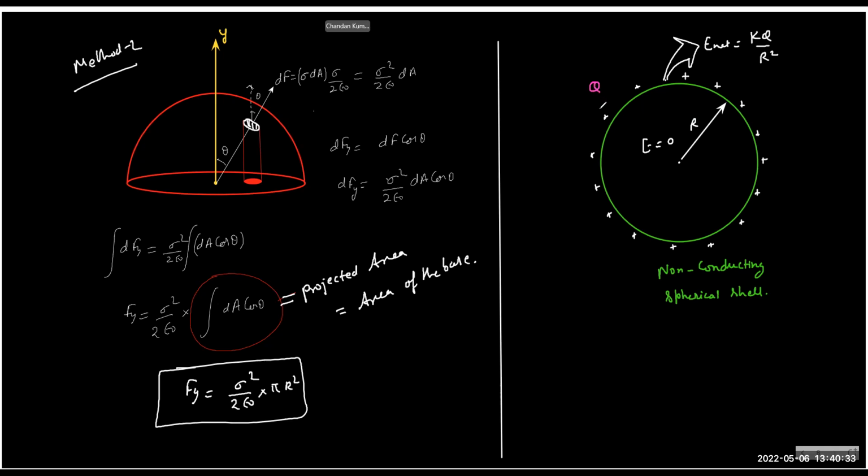That's how the spherical shell behaves. If you want to write in terms of sigma, E just outside the surface is KQ by R square, which you can look at as Q by 4 pi epsilon naught R square, but you can also look at as Q by 4 pi R square into epsilon naught, which you can write as sigma by epsilon naught exactly, isn't it?